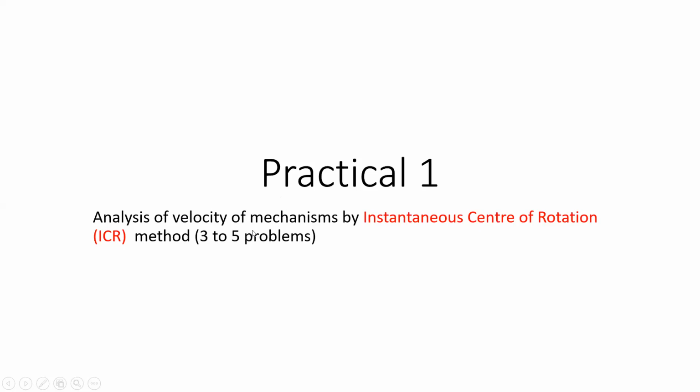So in this practical today, we will first see the velocity analysis in mechanism by ICR method, the full form of which is instantaneous center of rotation method. We will see what is this ICR. So what do you mean by the velocity analysis in mechanism?